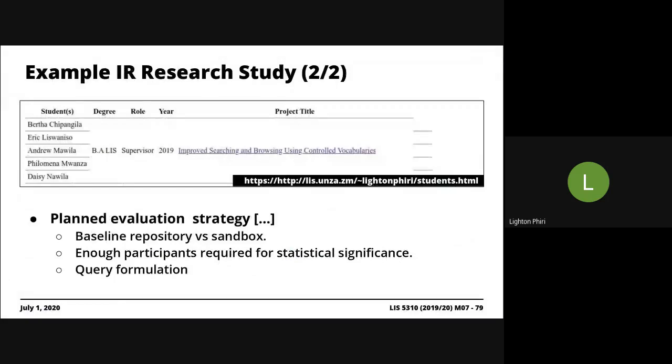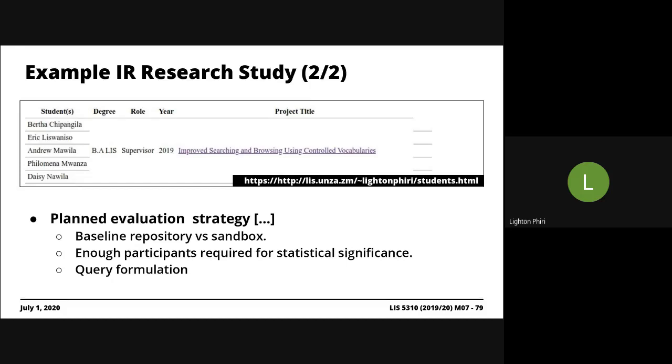Last year, the group that I worked with was working towards comparing, I don't know if you remember this study, I explained it when we were looking at digital libraries. At some point, they had a baseline repository that did not incorporate a controlled vocabulary set, and another repository that had incorporated controlled vocabularies.